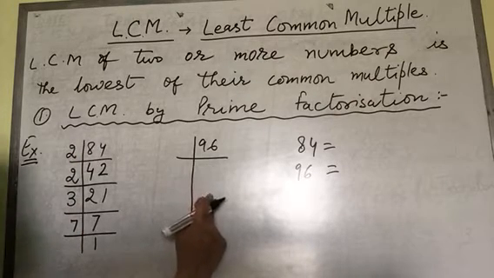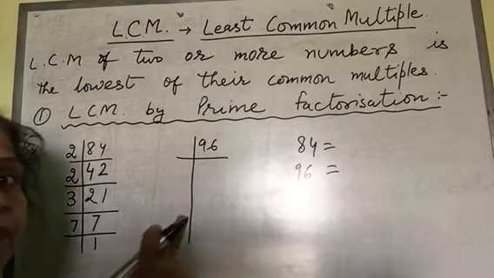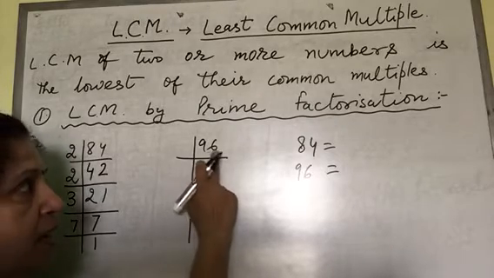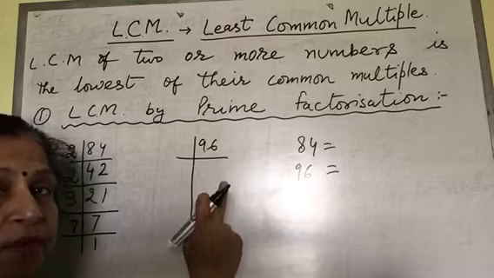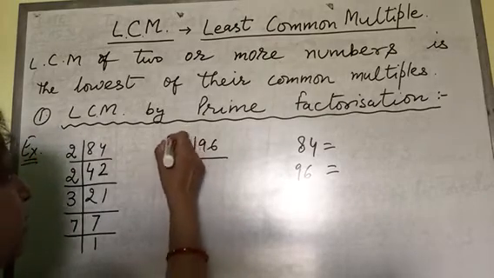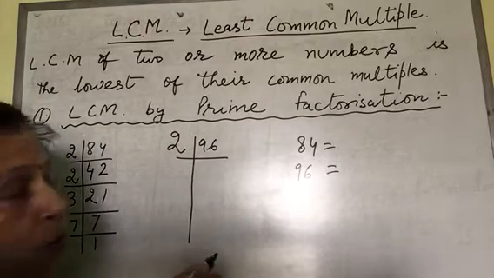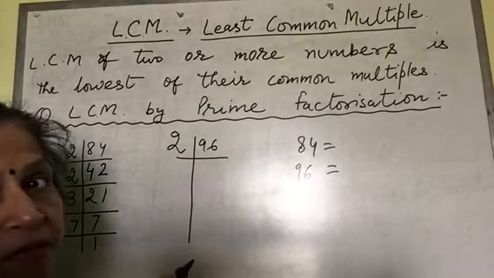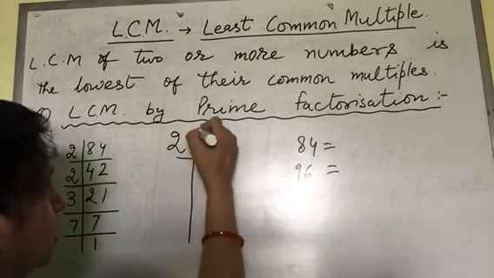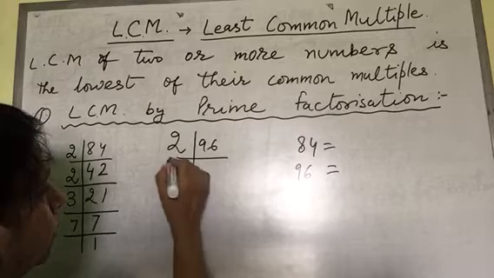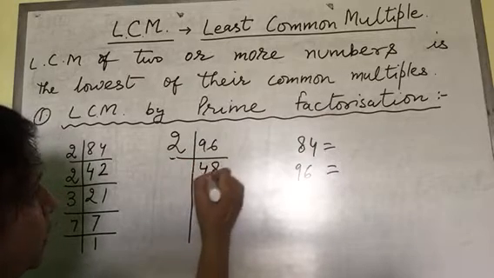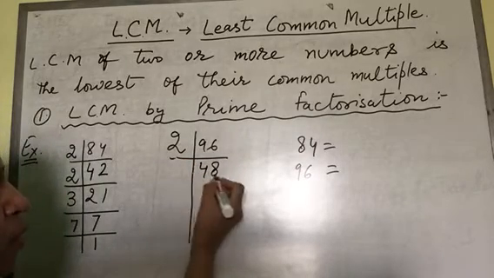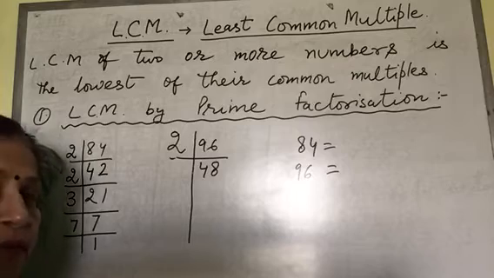Now I am going to do the prime factorization of 96. As you see, 96 again is an even number. So I will start by 2. Divide it by 2. 2 को 96 से divide करेंगे. Then what will come here? 48. Right? Now 48 again is an even number.